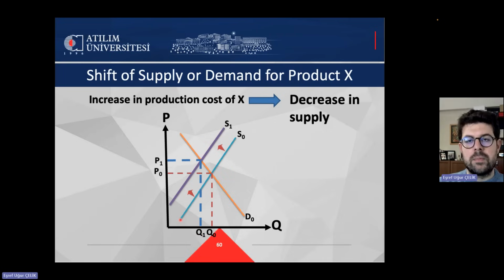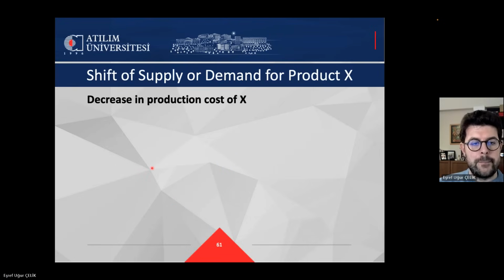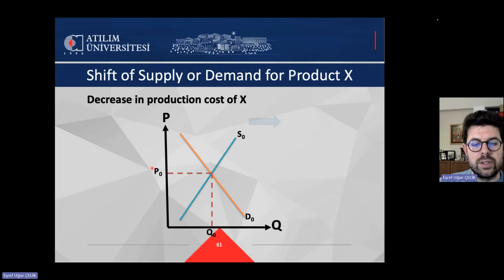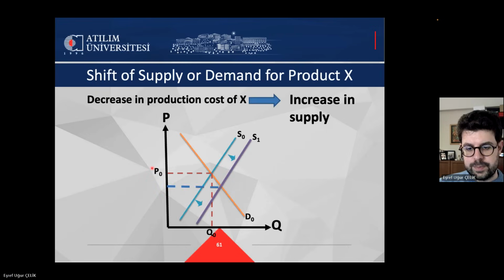When a good becomes scarce, it becomes high priced. I memorized it like that when I was a student. A decrease in production cost means that the supply curve is shifting to the right. When the supply curve is shifting to the right, price becomes lower and quantity becomes higher.